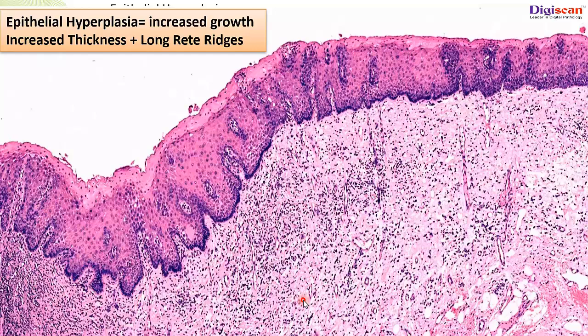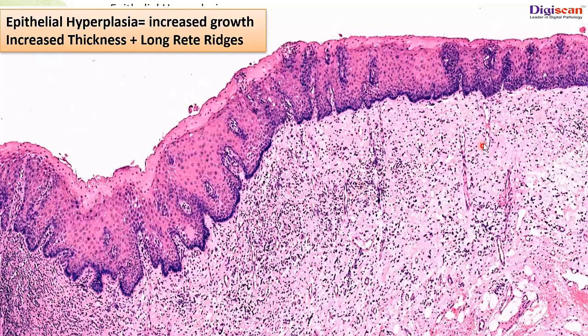You will be reading that there is epithelial hyperplasia. What does epithelial hyperplasia mean? Hyper means increased, plasia means growth. So increased growth or increased thickness of the epithelium with elongation of the rete ridges comprises epithelial hyperplasia.